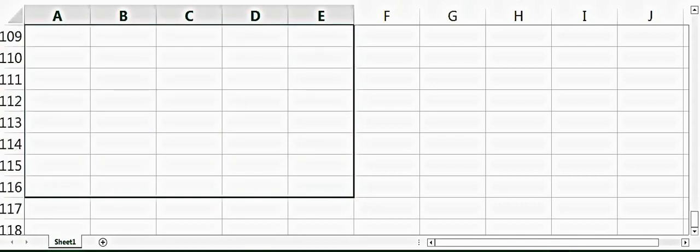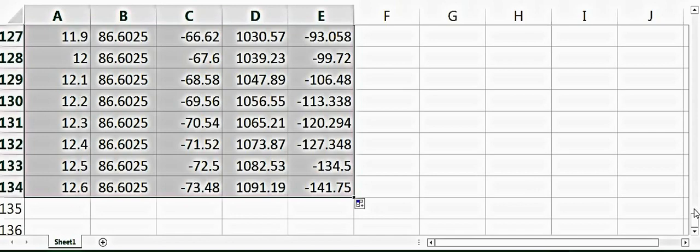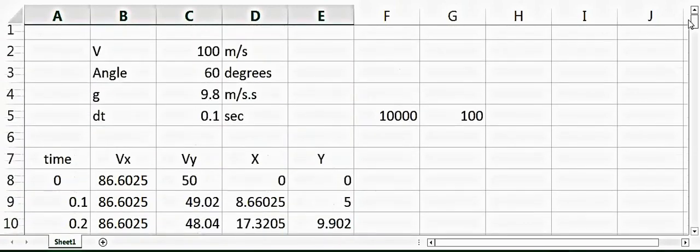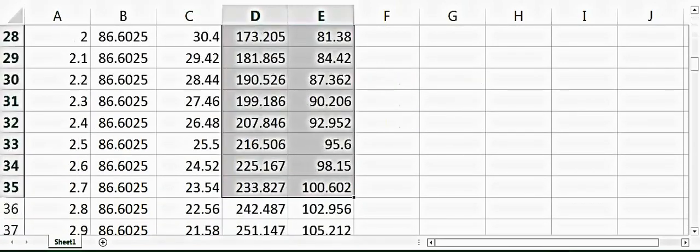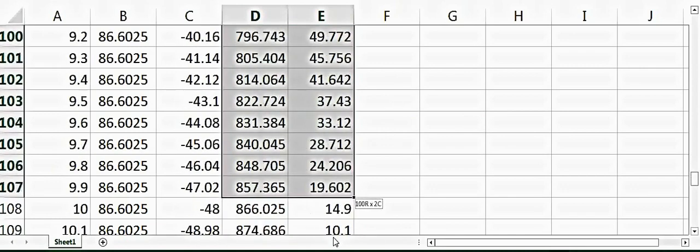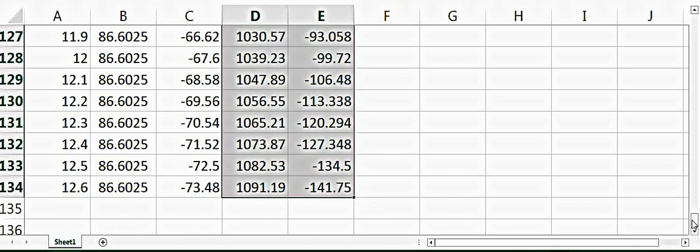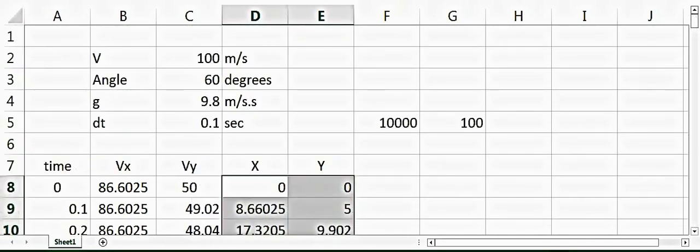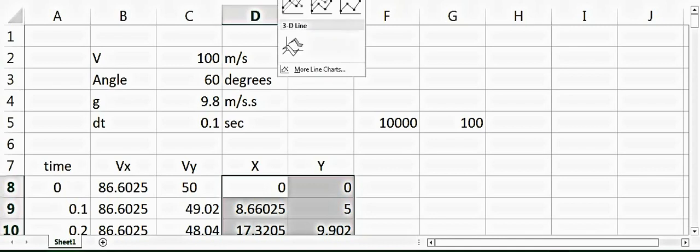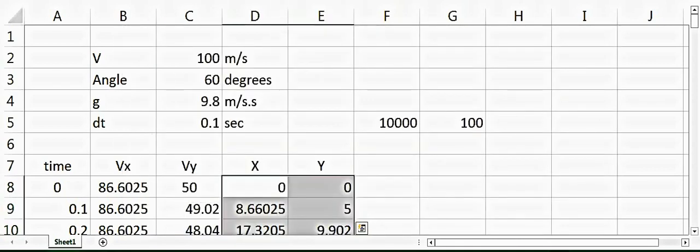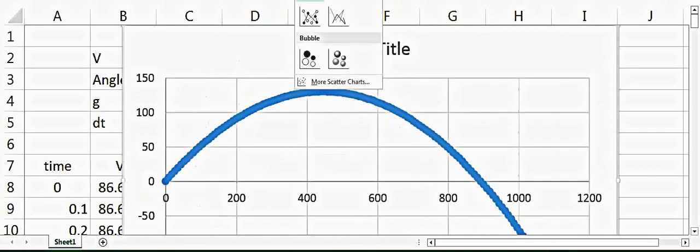And now I can plot x versus y to look at the trajectory of the ball. So this is the trajectory of the ball.